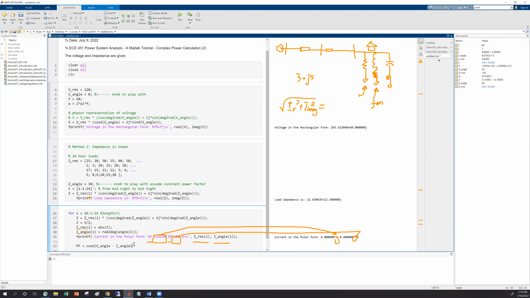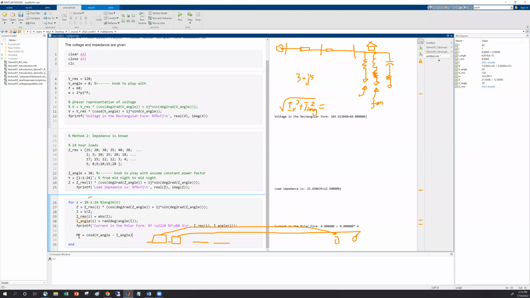So now we're computing the power factor, and this power factor simply will be the voltage angle minus the current angle, because this angle is for the i-th iteration. So you put i here, okay? For each time slot, like 1 o'clock, 2 o'clock, 3 o'clock, you will compute one value for power factor, and one value for the current magnitude and angle, okay?